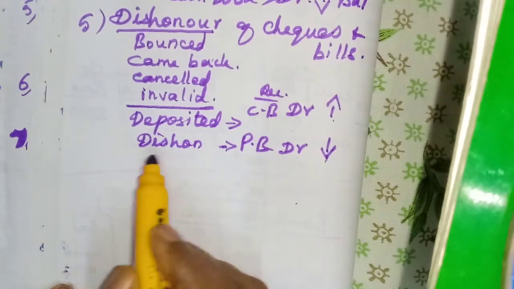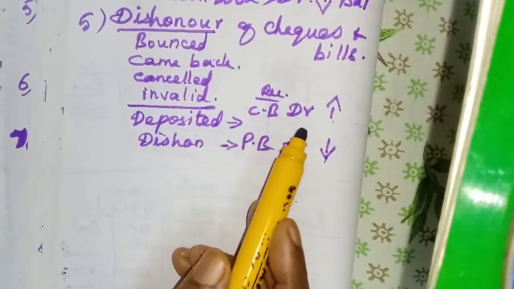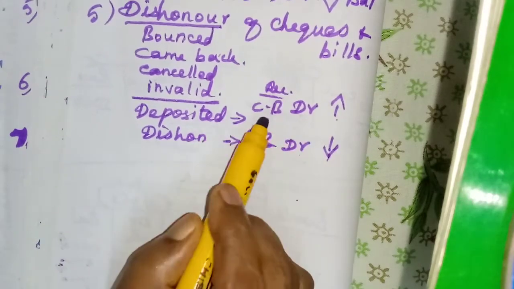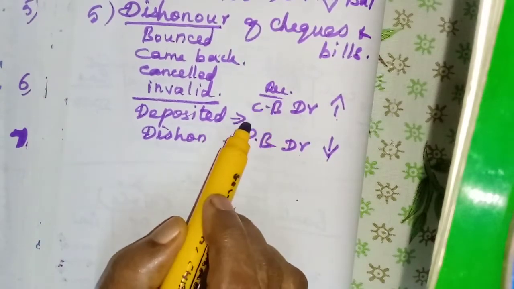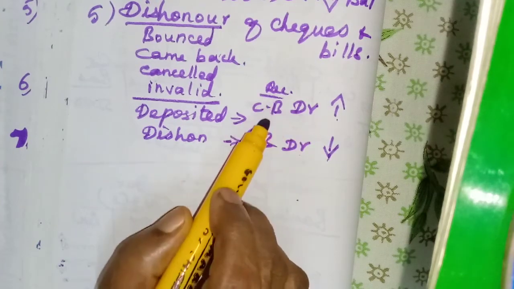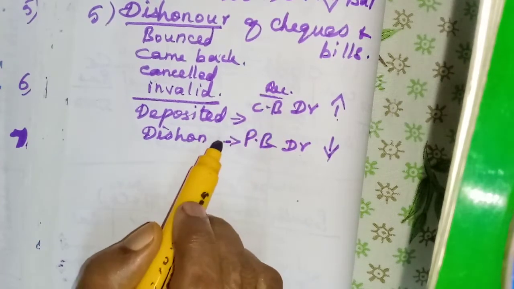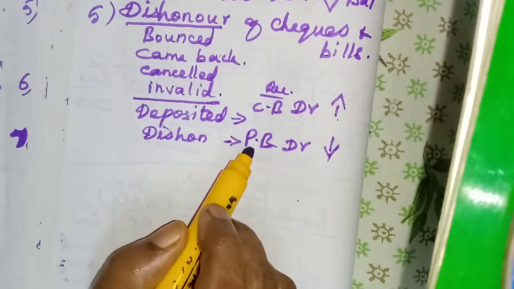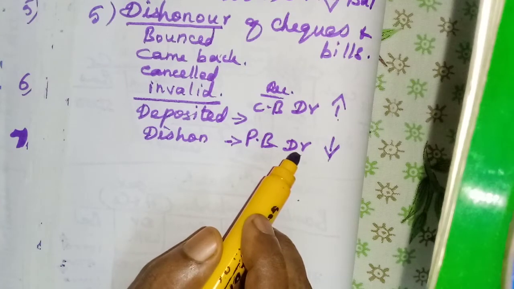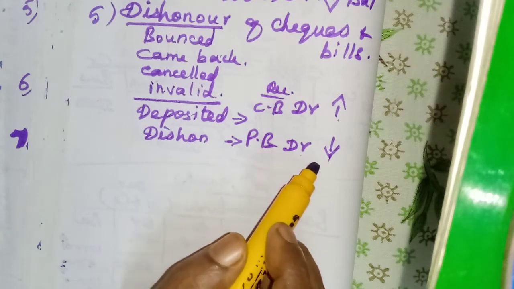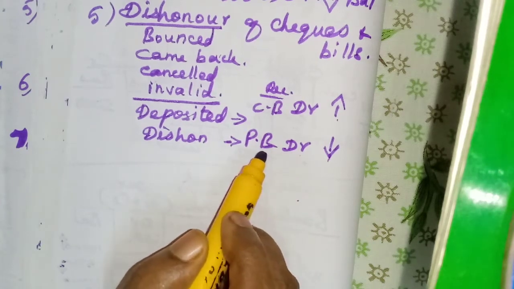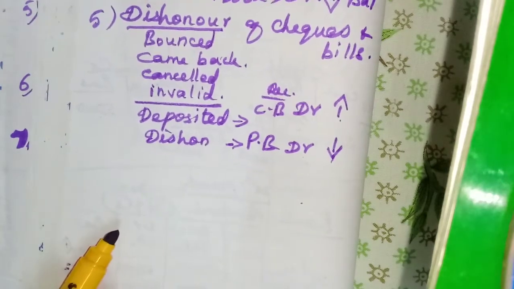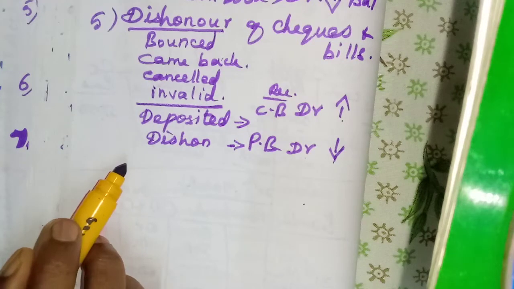That is why, when we deposit a check, we write it on the receipt side as deposit of checks. When we send that check, the bank sends it for collection. When it is bounced, when it is dishonored, the bank debits it back. It will credit immediately, and again debit if it is dishonored. That is why the difference occurs.